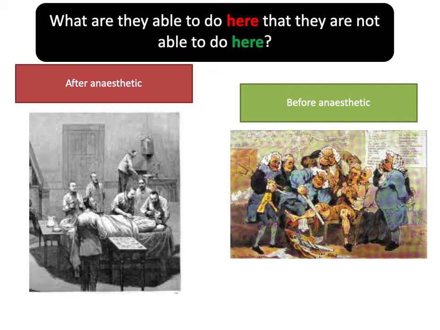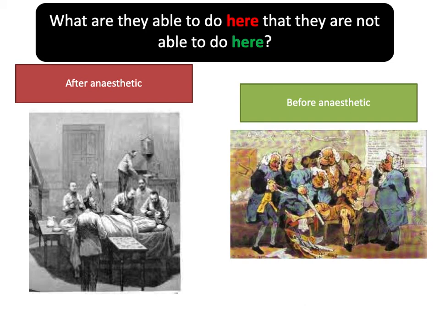Well, firstly, they'd be still. You wouldn't need lots of people to hold them down. Because they were still, you'd be able to be far more precise about what you were doing. You wouldn't have to be really quick. Surgery before anaesthetic had to be quick because it was so painful. You didn't want your patient to die from the shock of the pain.